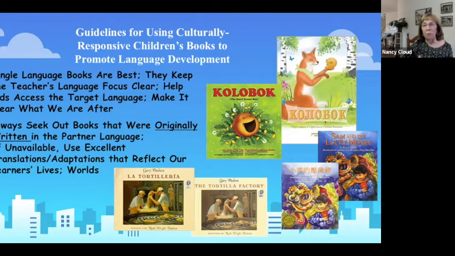So it makes it much more authentic. But we want the book that has been adapted or translated to reflect our learners' lives and worlds. And all of these books, even though these three books are written in English, are reflecting the partner culture world.